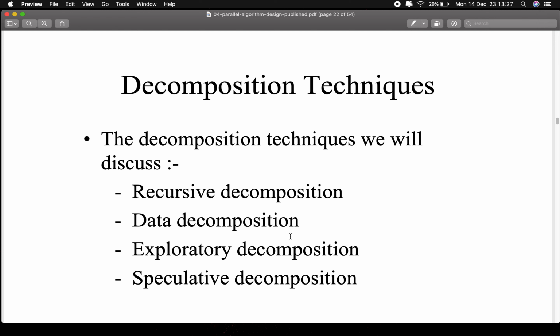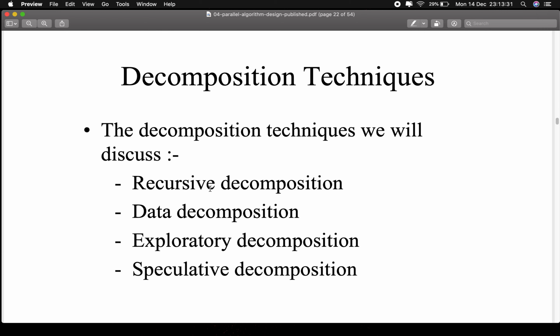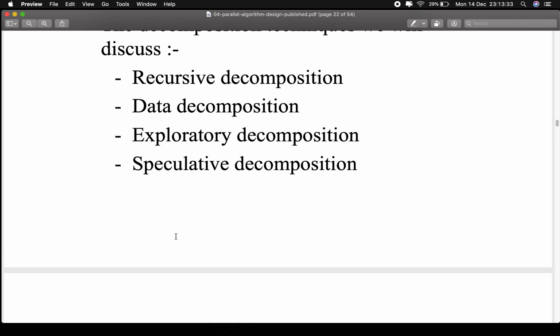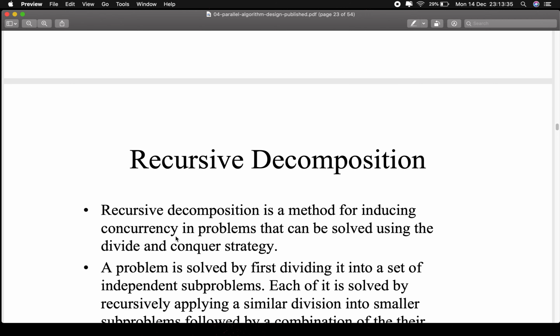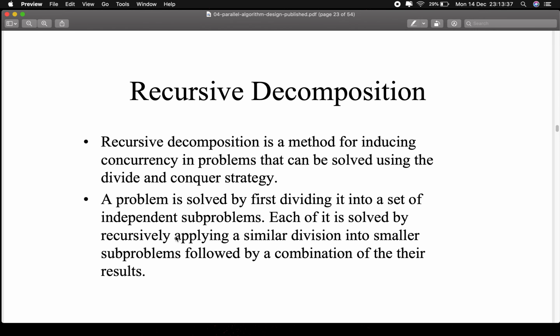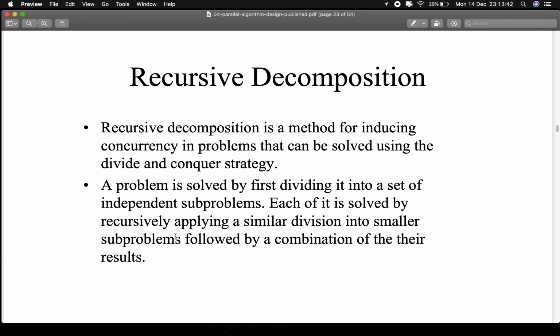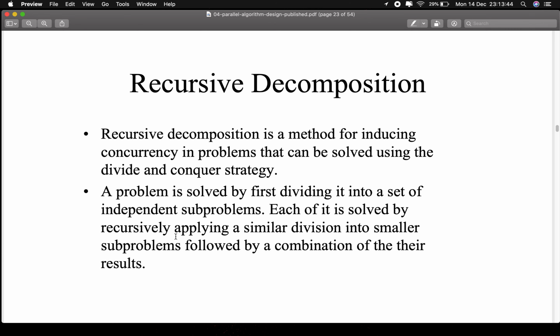There are 4, starting with recursive. I don't want to repeat it again. For each of these we're going to look into them, and as mentioned, it's all theory. So if you need a break, you can stop for a while and then continue looking at my videos.